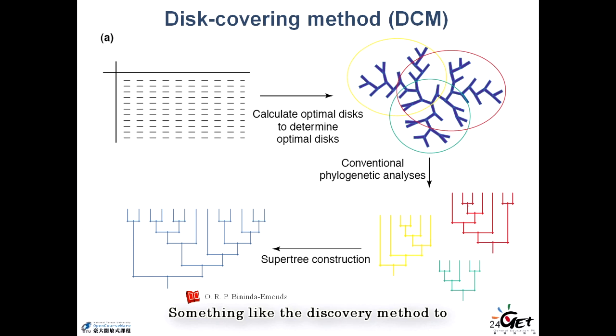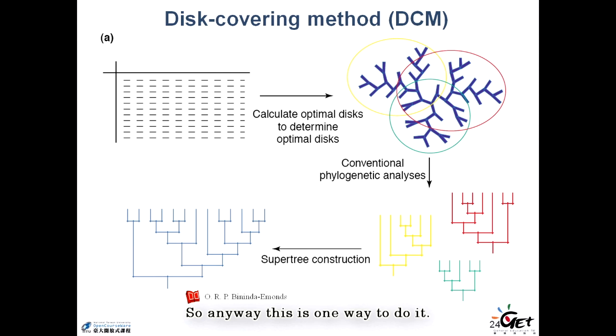Something like the discovery methods: take a very huge data matrix, create a very rough phylogeny first, and then work on a certain part of the branch one at a time, and then combine those data together. It basically saves a lot of computation time, because the more taxa we add, the more difficult it will be to get the result.